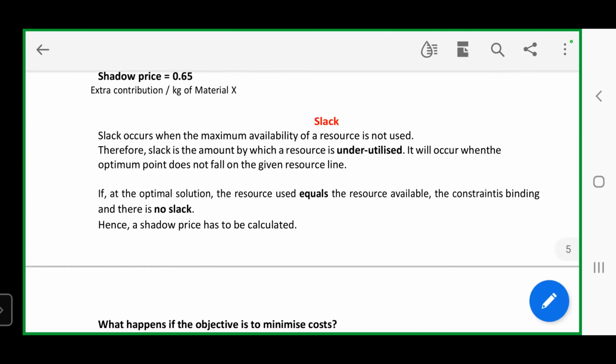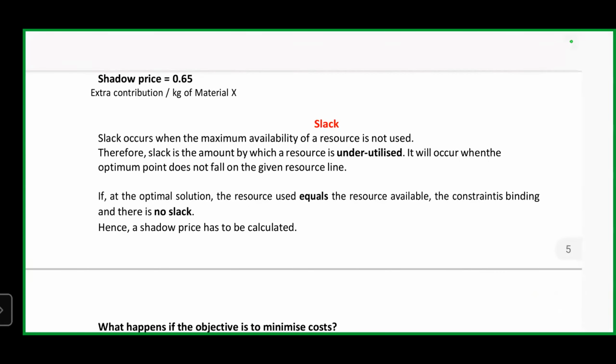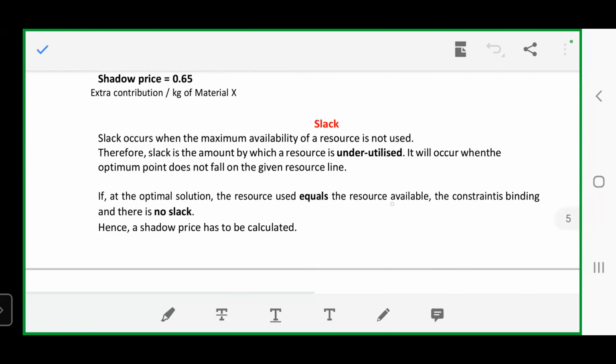That is the excess of material, the excess of resources that we did not use. That is what we call slack. Slack is just a gap, a space that was not utilized. So slack is just the amount by which the resources are underutilized, and it occurs when the optimum point does not fall on a given resource line.